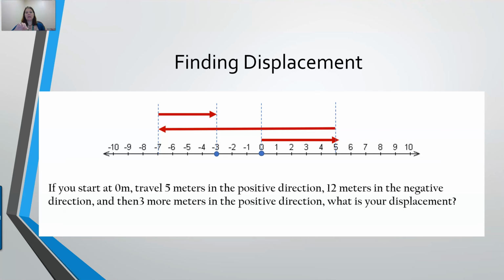So that would be 5 plus negative 12 is negative 7, plus 3 is negative 4. And so our displacement is negative 4 meters, right? Our distance is 20 meters because 5 plus 12 is 17 plus 3 is 20.